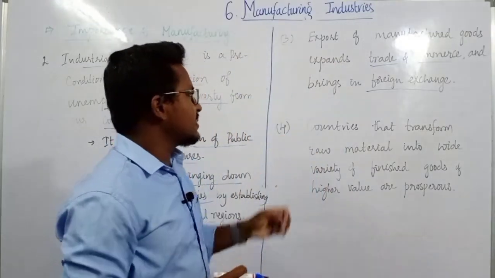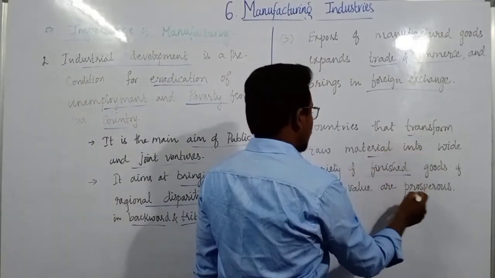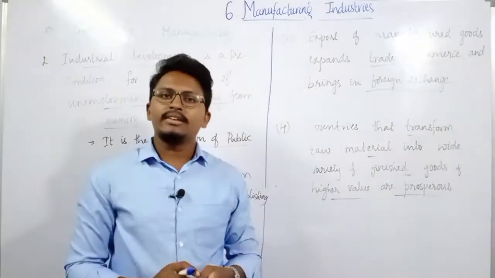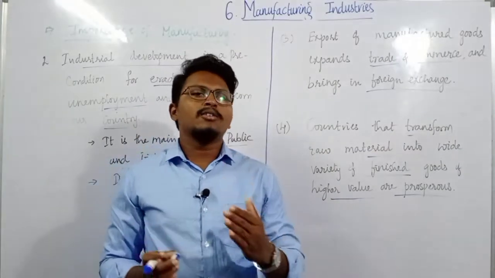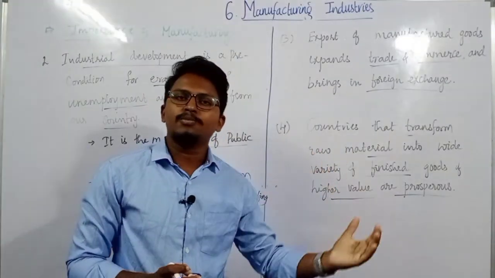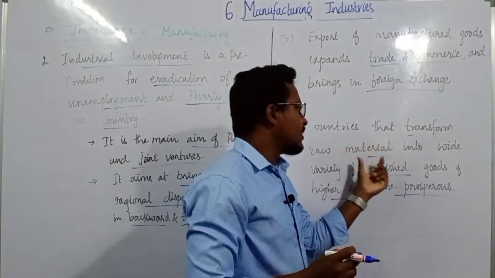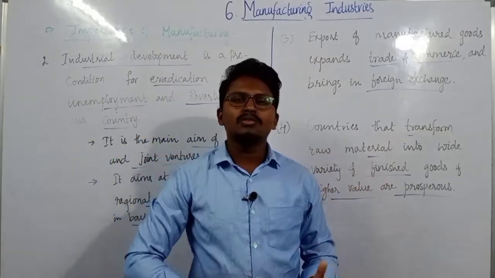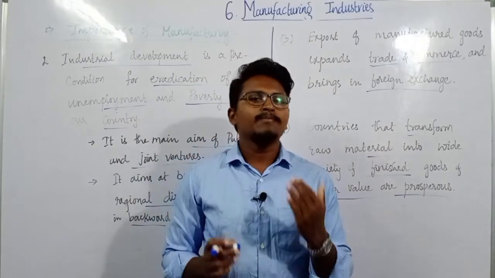Then the next thing is that countries that transform raw material into a wide variety of finished goods of higher value are prosperous. That means for any country to be prosperous, the countries which are already prosperous are transforming raw material into a different variety of finished goods, which causes them to develop more and more and become more and more prosperous.